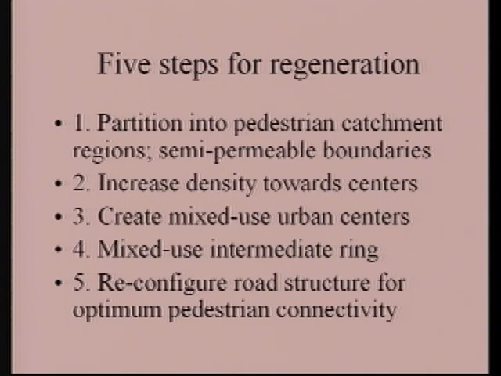Around the mixed-use urban center, which can be dense, we have a mixed-use intermediate ring. And only the periphery of the pedestrian catchment region will be left with the sparse density that we see today in sprawl. In order to achieve this, we need to reconfigure the road structure for optimum pedestrian connectivity.